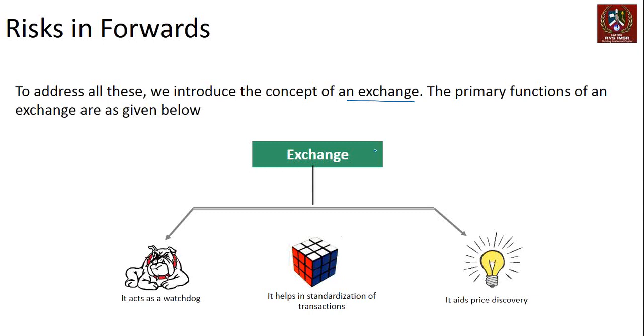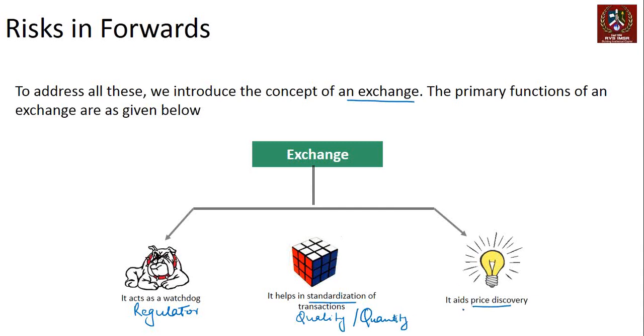The primary functions of the exchange are given as below. It acts as a watchdog. In other words, it's a regulator. It ensures that everyone fulfills their share of the promise. It helps in standardization of transactions, which means it defines what quality will come in, right? So quality and quantity get defined by these guys.